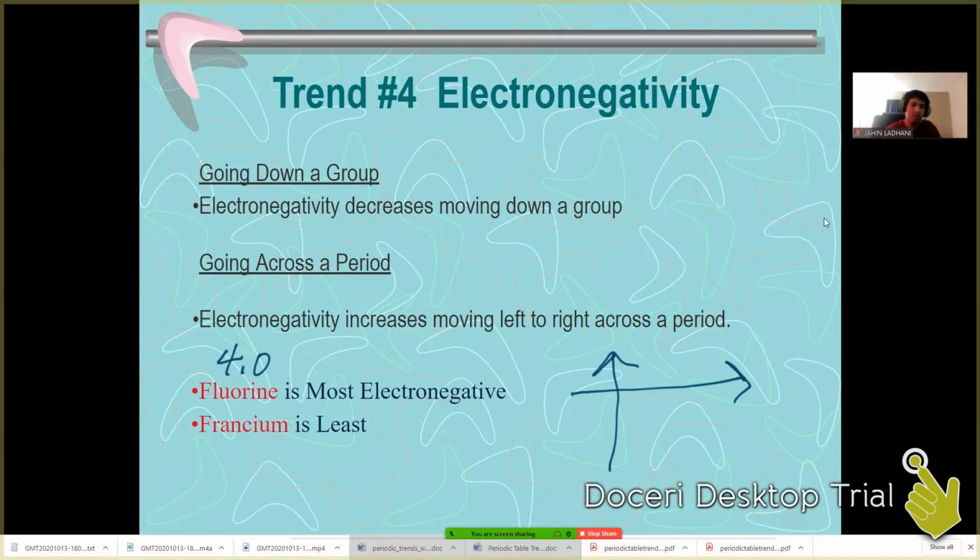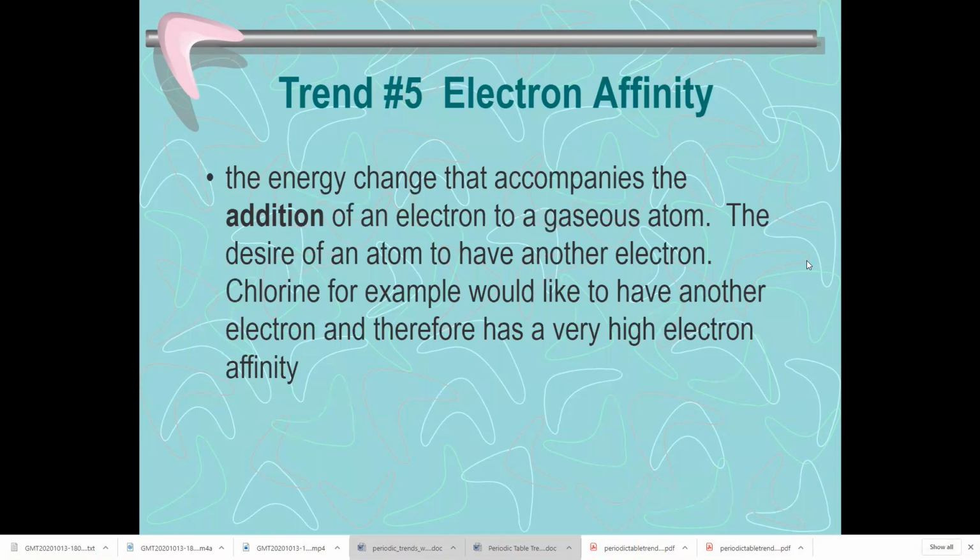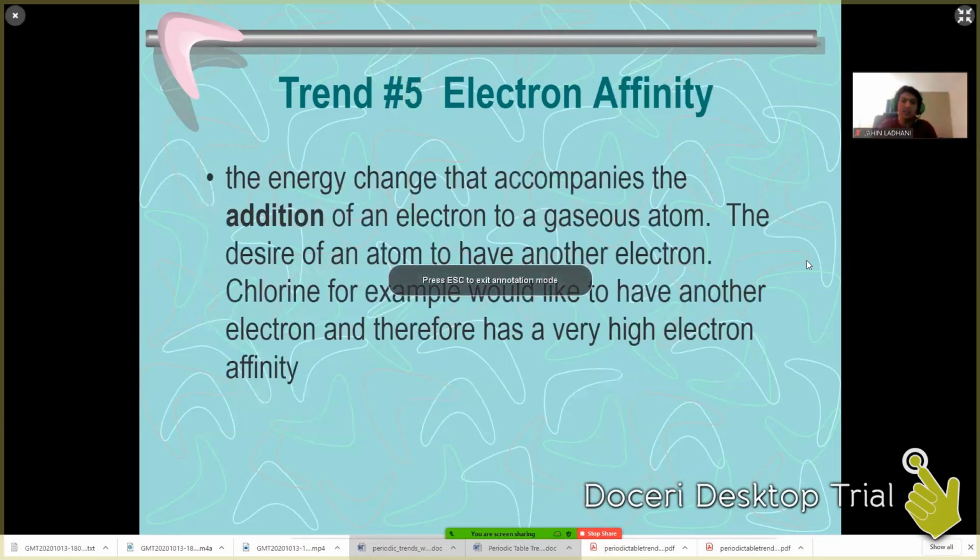All right, next one, electron affinity. So this is the energy change that accompanies the addition. So ionization energy was losing an electron. Now we're talking about adding an electron, or the desire of an atom to have another electron.